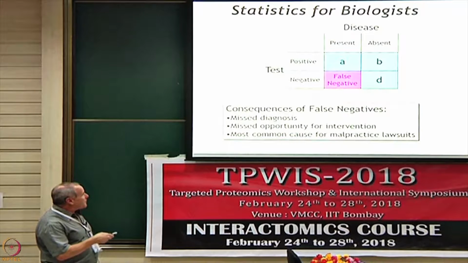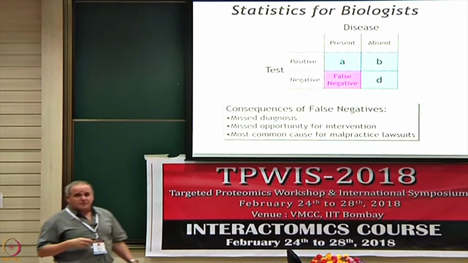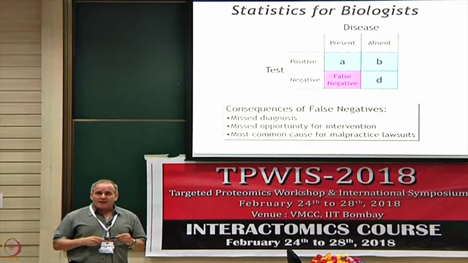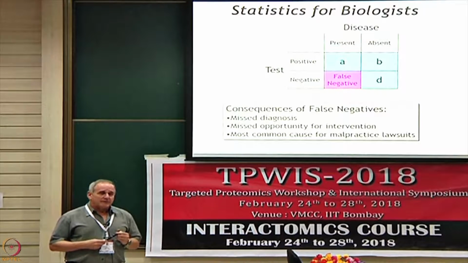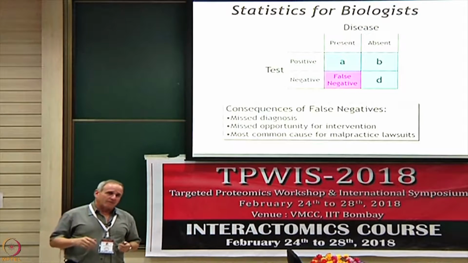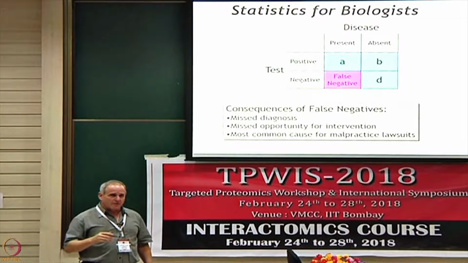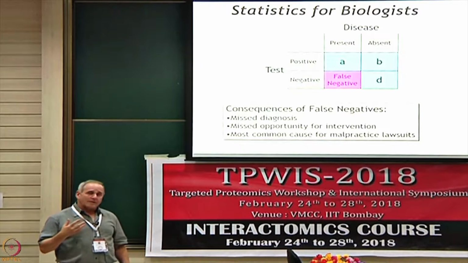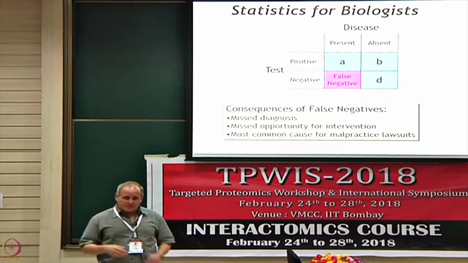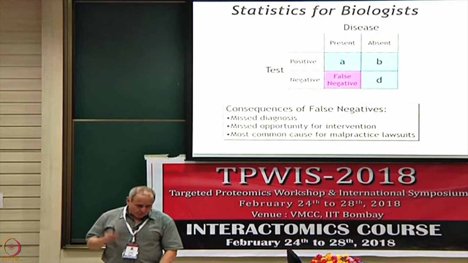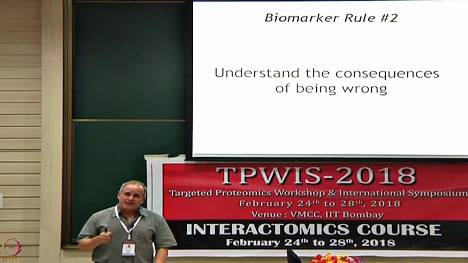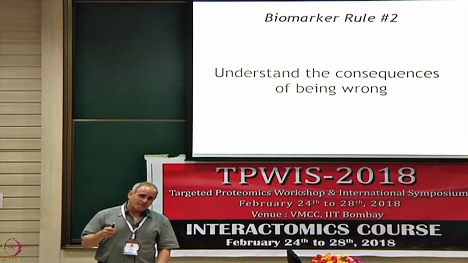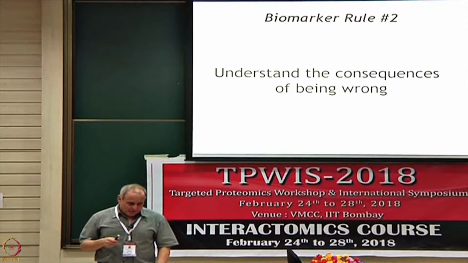It is by far the most common cause for malpractice lawsuits in the U.S. The missed diagnosis of cancer is the biggest cause of huge lawsuits in the U.S. And so you don't want to be wrong about this. The consequences of a false negative are big. So rule number 2 of biomarkers is understand the consequences of being wrong. You need to know why it's important to have a good biomarker.